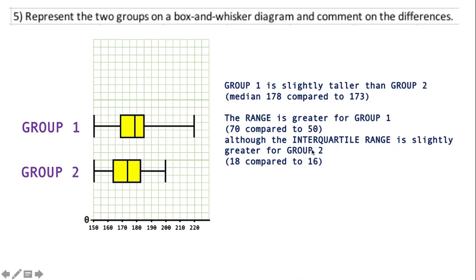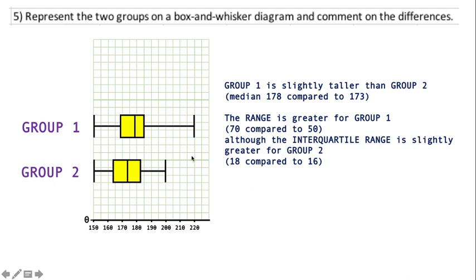The interquartile range is more useful because the range is just skewed by the upper and lower value if they're particularly high and low, whereas the interquartile range involves more of the data. So the interquartile range is a better measure of the general spread of the data.